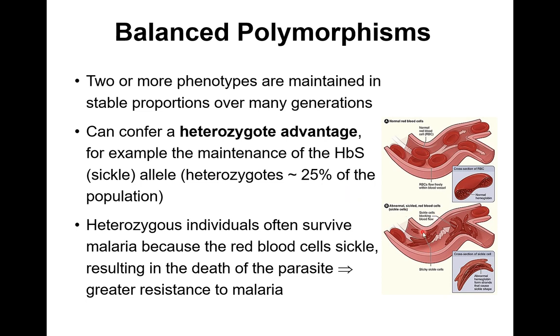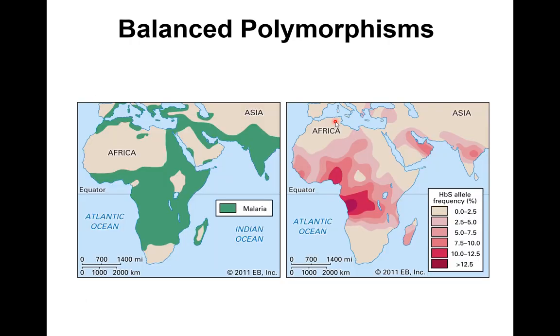At the same time, because of the shape of their red blood cells, they're actually less susceptible to infection by the parasite that causes malaria. So because of this, the heterozygotes actually have an advantage in some situations. If you are born in an area where malaria is very common, like my mother, for example, who was heterozygous.